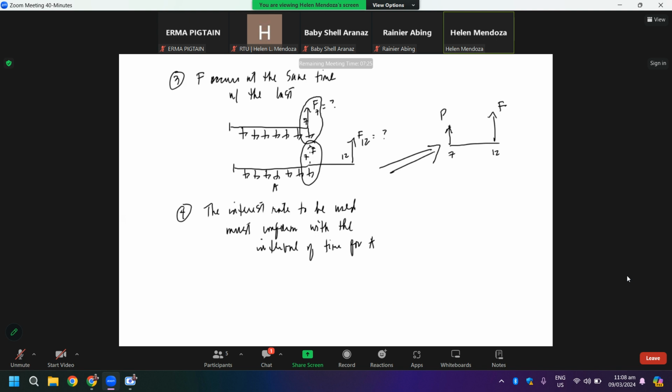In most of the cases where the given would have years as the gap between payments, and if the interest rate is also expressed on a per year basis, then nag-conform na po sila.